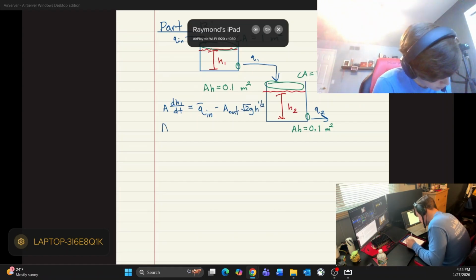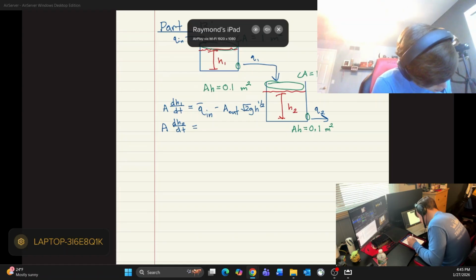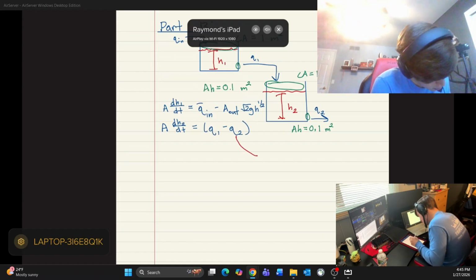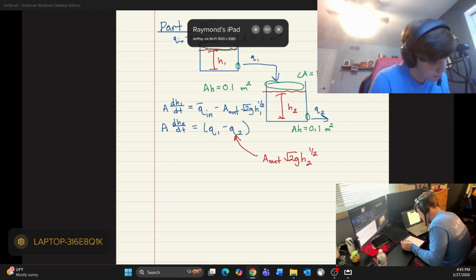And we'll rewrite our second equation just to say dH2 over dt equals Q1 minus Q2. But in this instance, Q2 will be rewritten as A out square root 2g h2 to the 1/2, and we'll call this Q1 as h1.